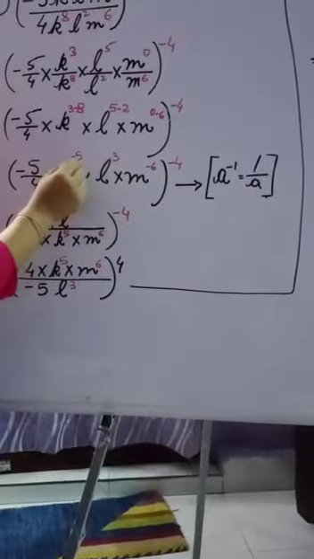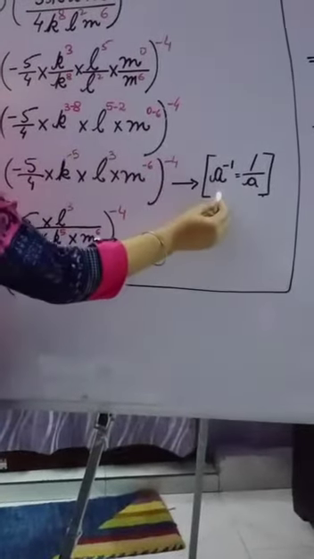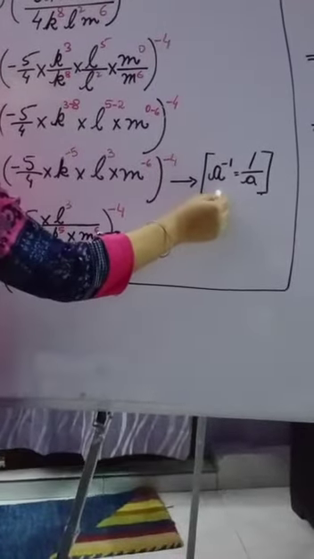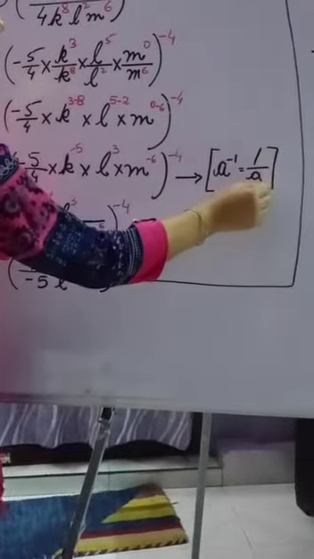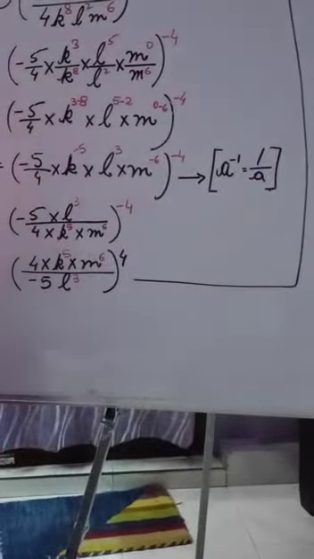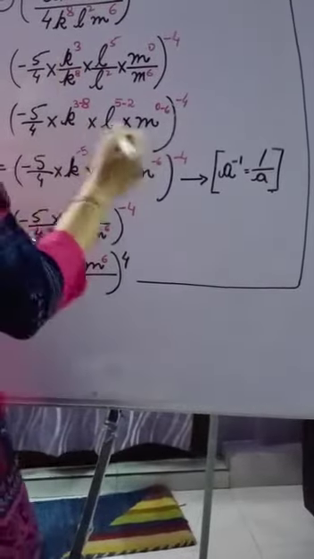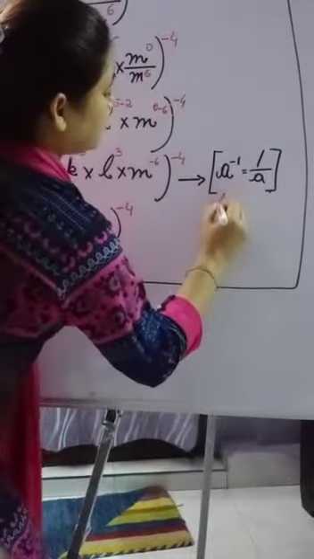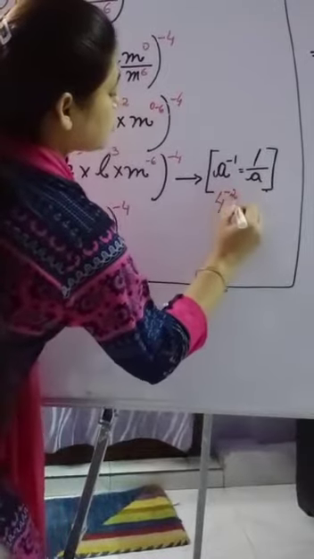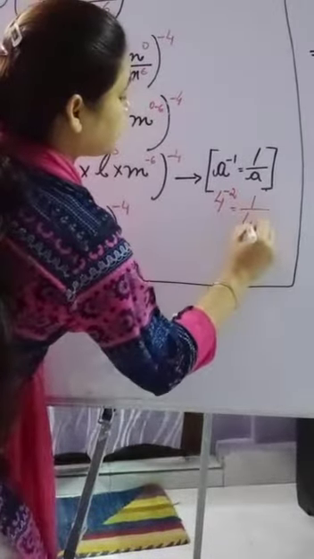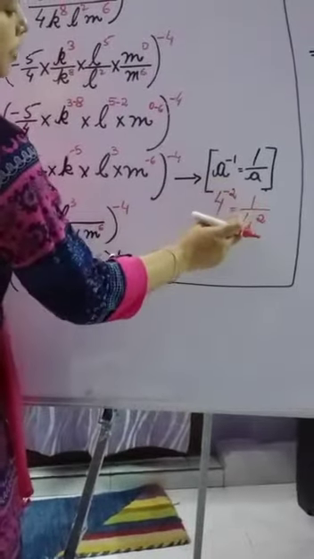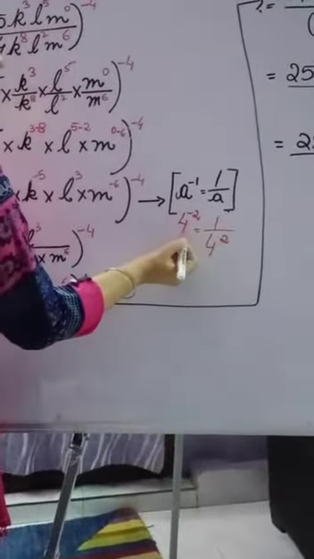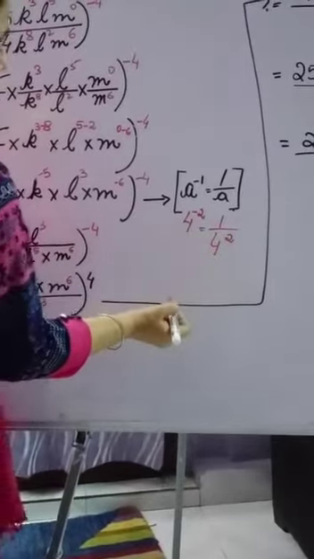So when we have a negative power, we know the law: suppose a to the power minus 1, it becomes 1 divided by a. Or if I write one example, 4 to the power minus 2 will become 1 divided by 4 to the power 2. That means this negative power will become positive, but this base will come in the denominator.